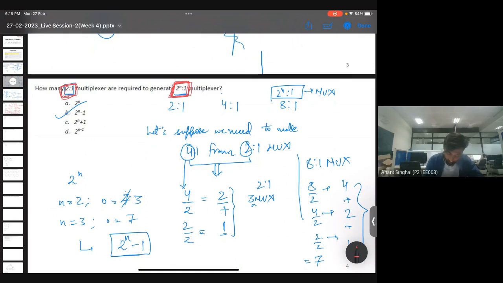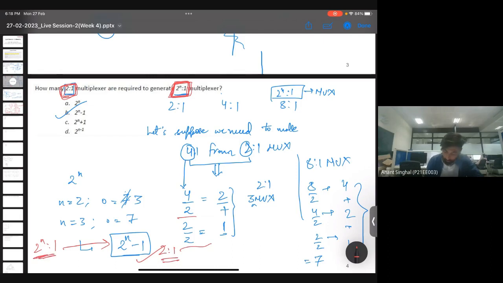This is a basic shortcut that we have applied: we divide the larger number by the smaller one, and ultimately we add those numbers. We also got a general relation: if we have a 2 to the power n cross 1 multiplexer, we'll need 2 to the power n minus 1 multiplexers of 2 cross 1 to generate those higher order multiplexers.